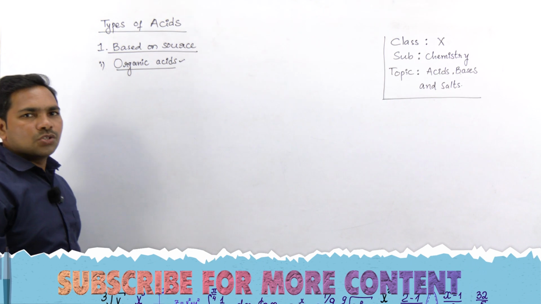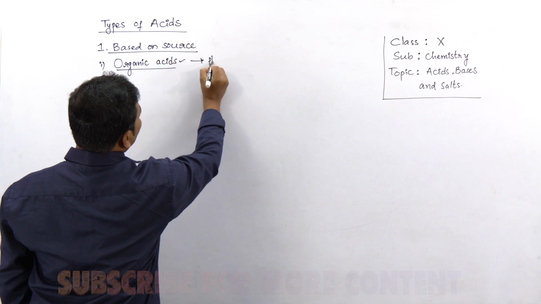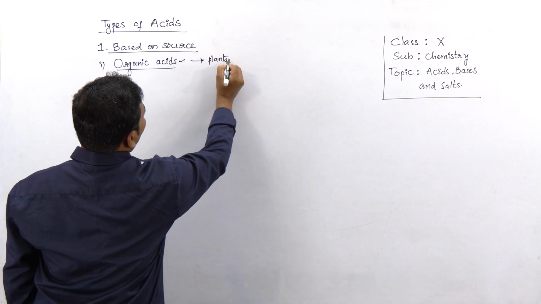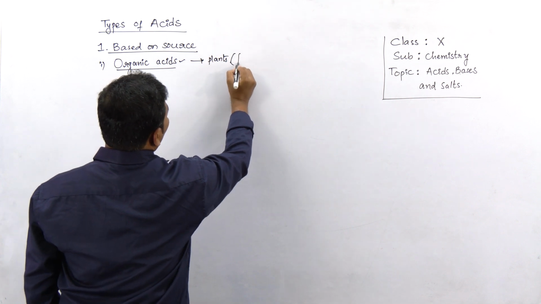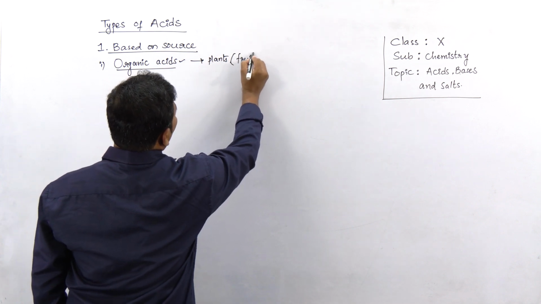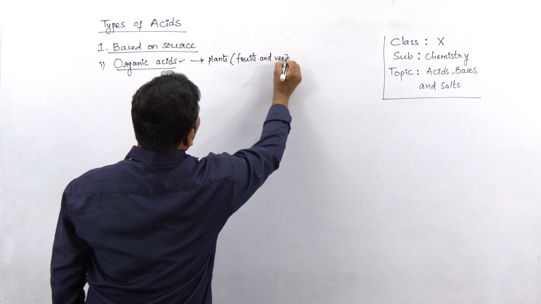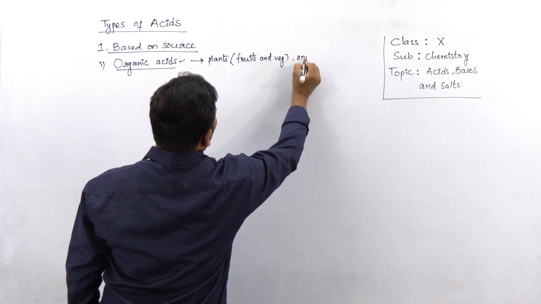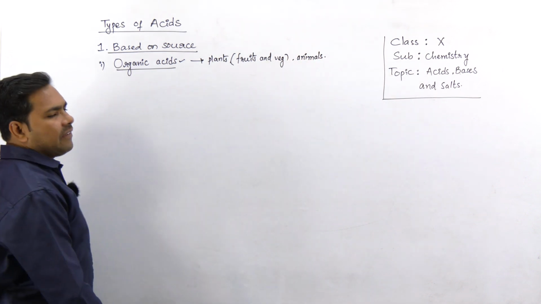What is the source of organic acids? The source of organic acids is plants, like fruits and vegetables, and some animals are also a source of organic acids.